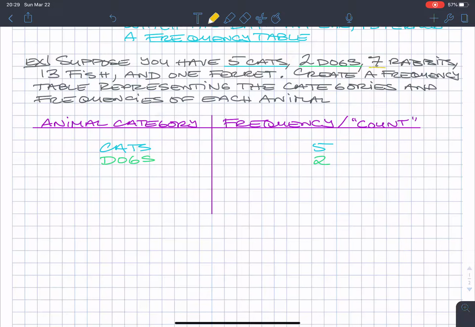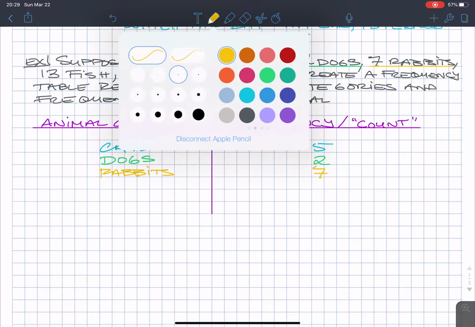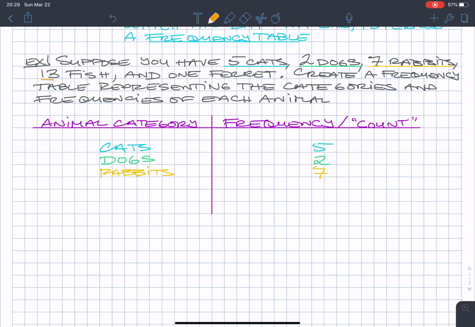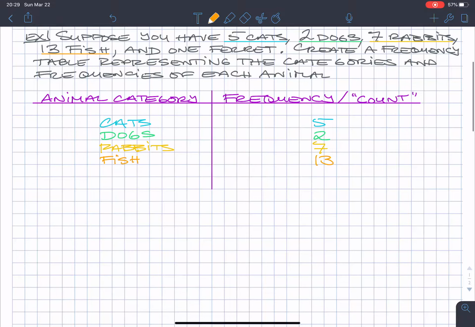The next category of animal is rabbits, and the number of rabbits or count is 7. Then we have fish as a category, and the number of fish is 13. And finally, we have a single ferret. So under the category of animal ferret, we have 1.